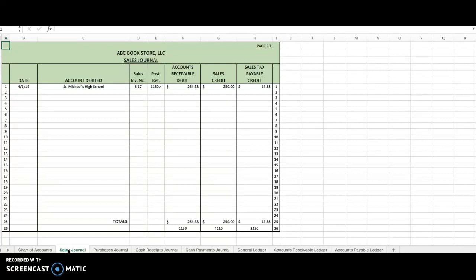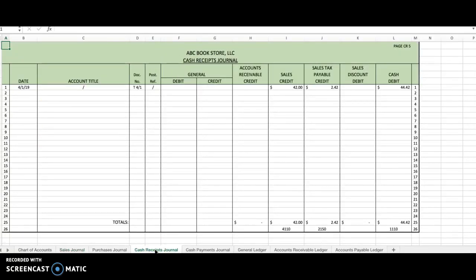One of the things important with our example here that I'm going to walk through with you, the ABC bookstore will do the journalizing and do the posting of those entries every day. So every day there's a number of entries made in our journals, and we will post at the end of the day. Now, for our purposes, to make it very simple, we have just one entry in the sales journal, and we have just one that we saw earlier in the cash receipts journal.